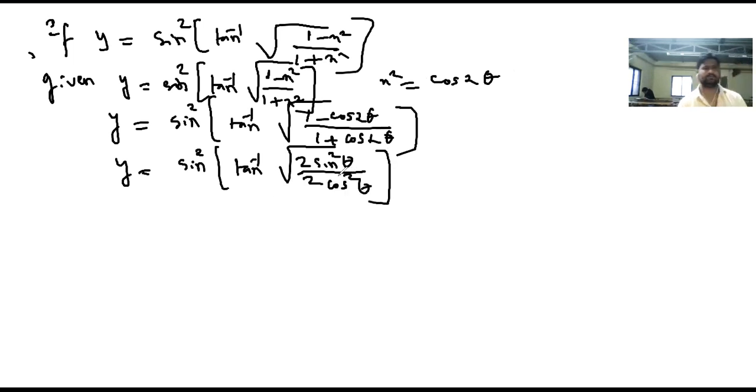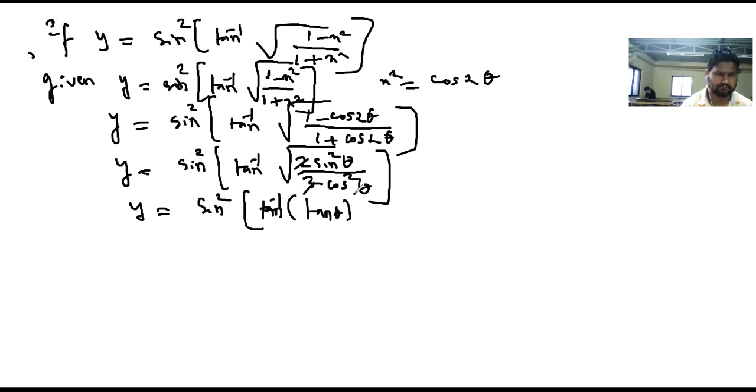This 2 cancels. Then y is equal to sine square tan inverse of sin square theta by cos square theta, that is tan square theta. The square root of tan square theta is tan theta. So then y equals sine square theta.